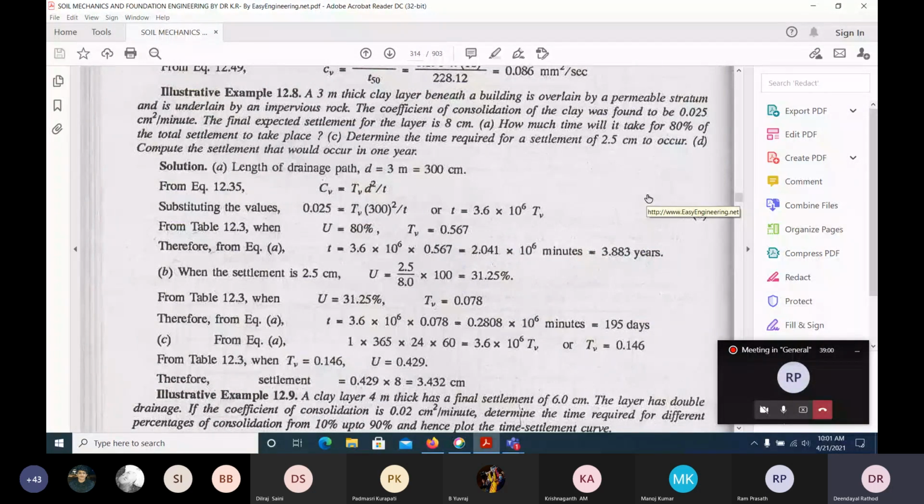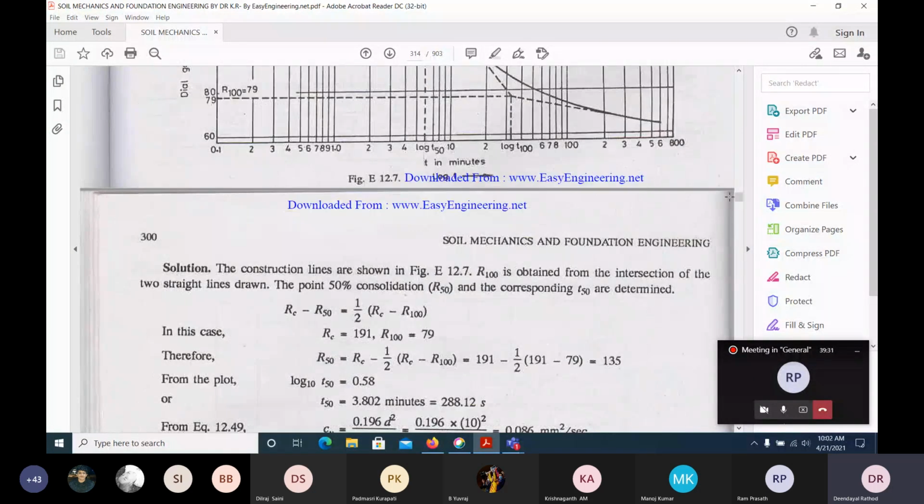Here, from the table, whatever is given, for U equal to 80%, the TV value is 0.567. That is, for 80% consolidation, the TV value is 0.567. Let us see whether we really have that equation. For 80%, 0.567, right?